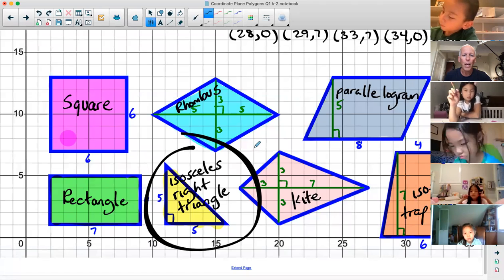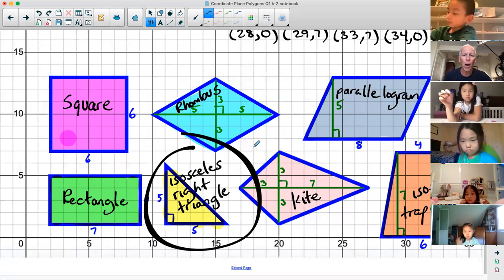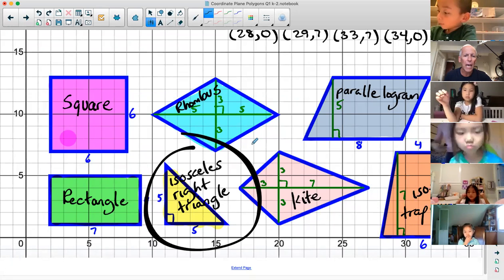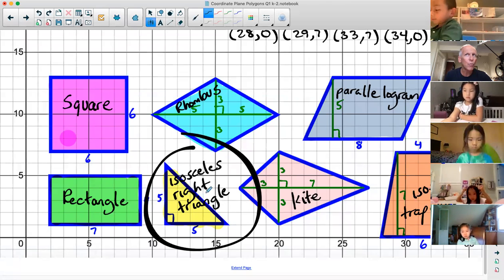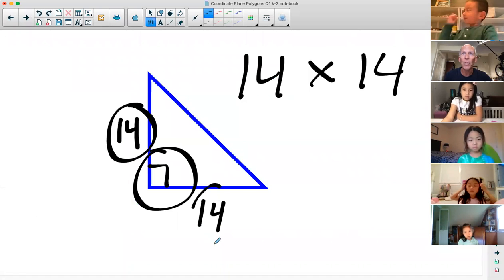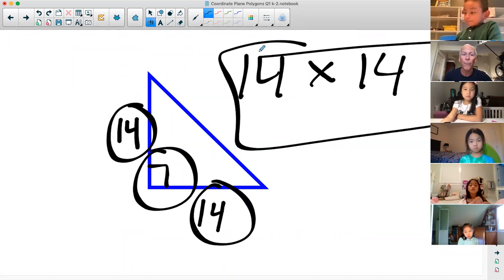I don't see anybody raising their hand yet. I need you to name this isosceles right triangle by its dimensions. We named this one by its dimensions, 14 by 14.